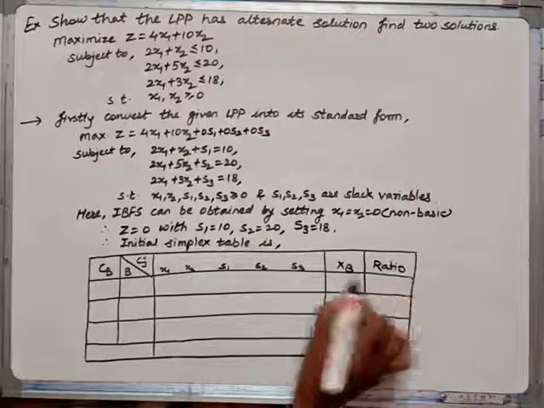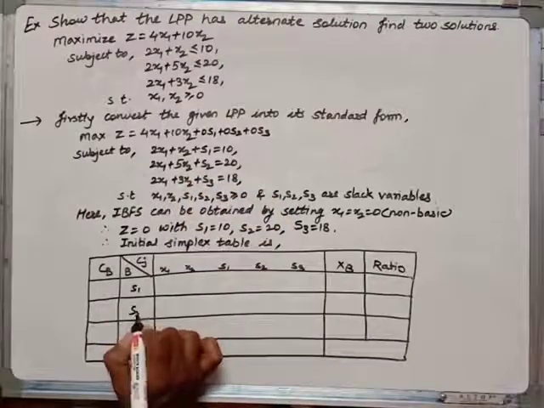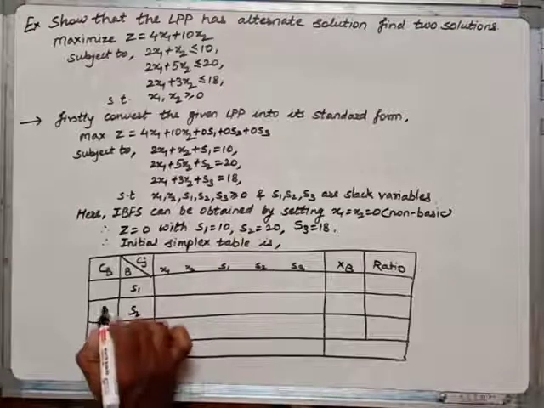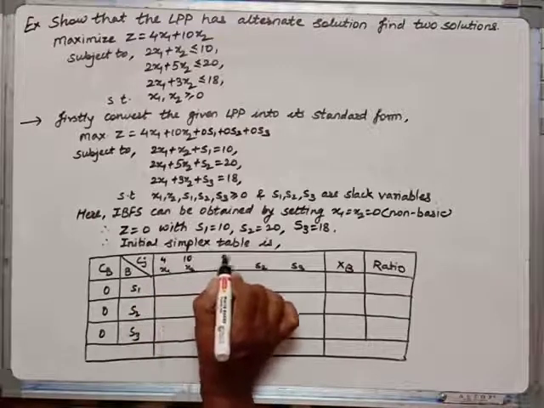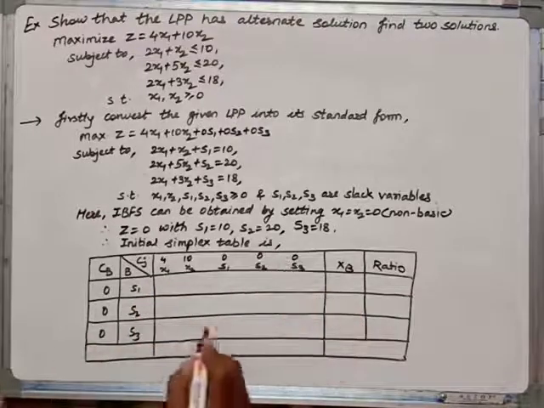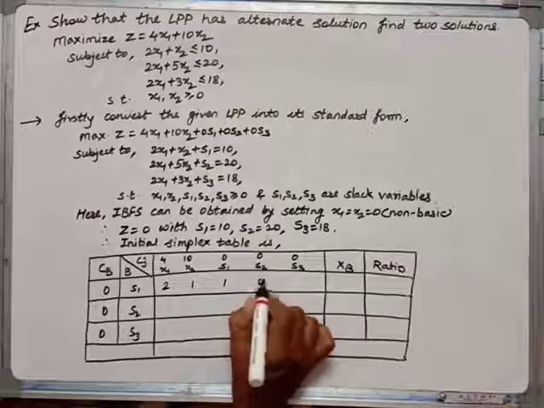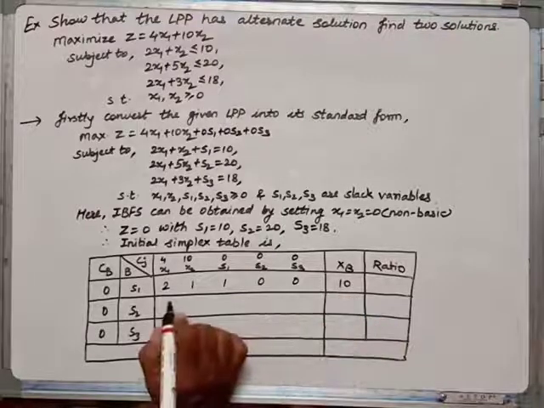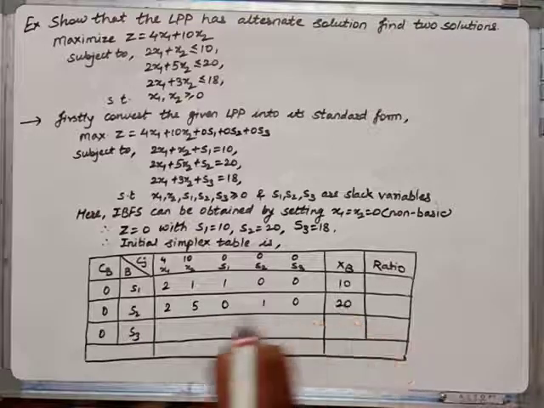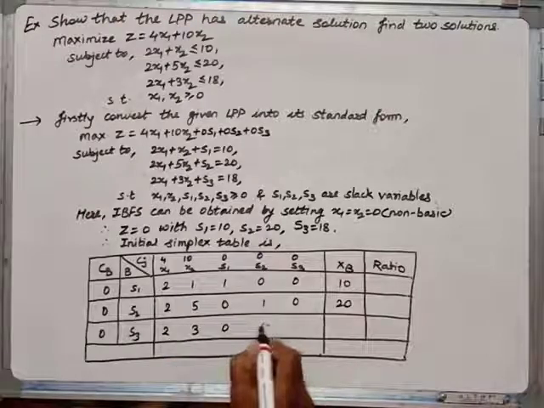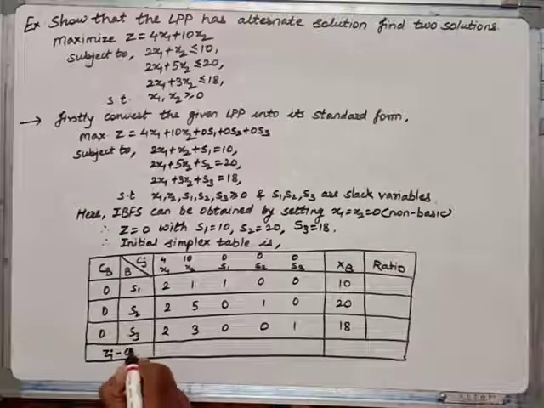Other things are as it is. Only the number of variables in a basis increases. So s1, s2, s3, 0, 0, 0, the coefficients of them. Here the coefficients are 4, 10, 0, 0 and 0. Now, here the coefficients of those variables 2, 1, 1, 0, 0 and this is right hand side 10. Here 2, 5, 0, 1, 0, this is 20, 2, 3, 0, 0, 1, this is 18, Zj minus Cj.